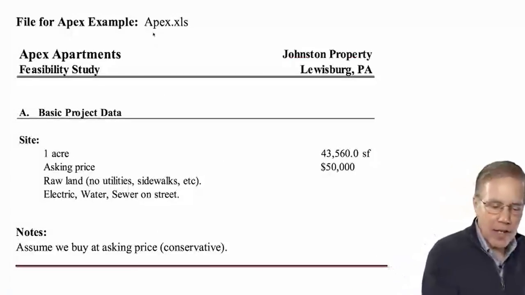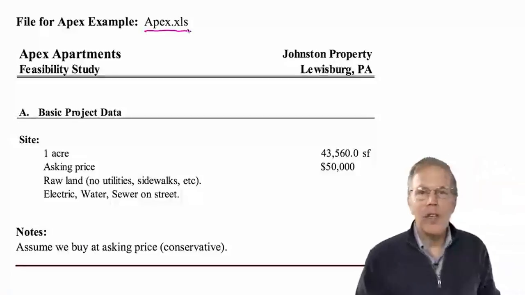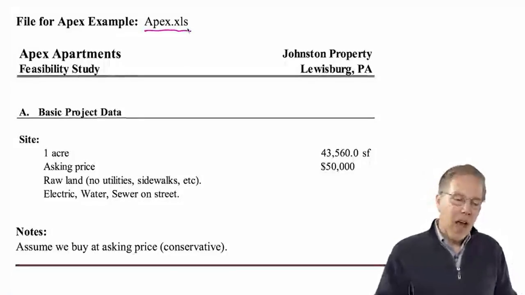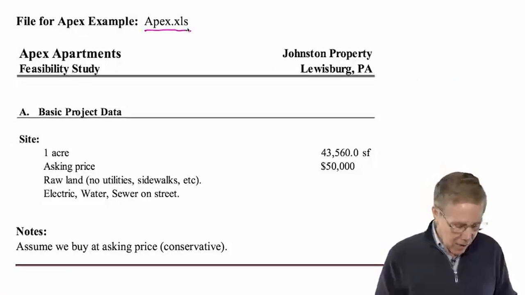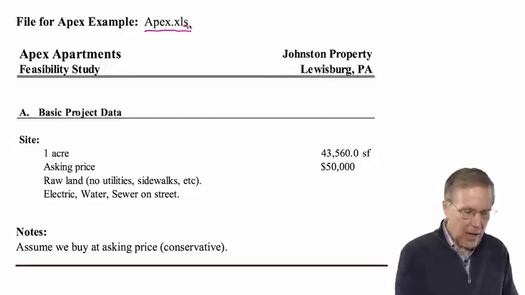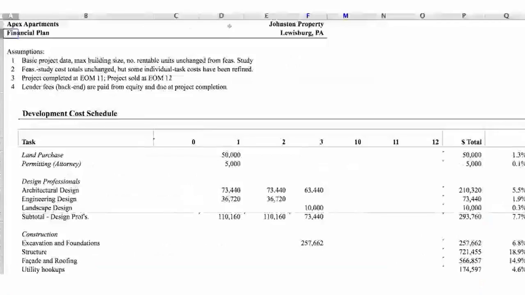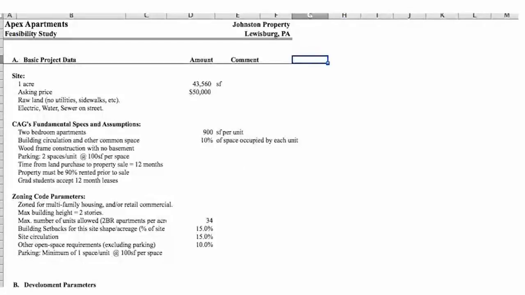Okay, so I've got an Excel file available to you for this example called apex.xls, and a lot of what I'm going to be showing you from now on is coming from that Excel file. I'm just going to jump into it quickly here, and just so you can see what's going on. Here it is. This is for our financial plan lecture, but we're going to start with the feasibility page here, and as you can see, we've got the basic information, which I'll cover with you in just a second.